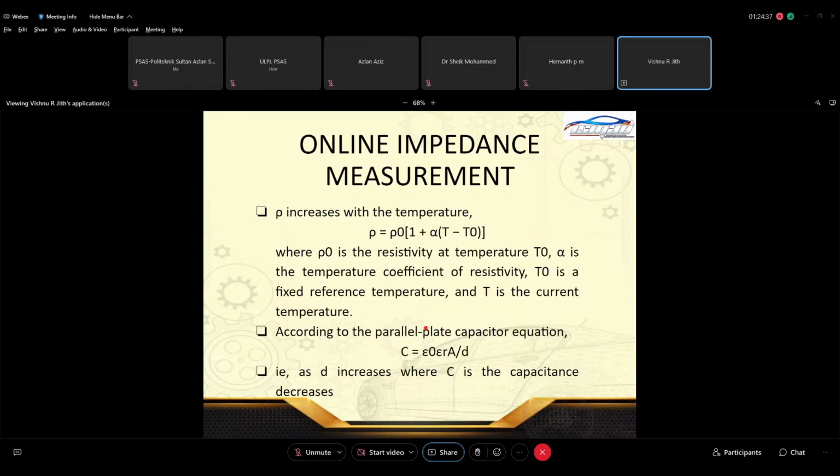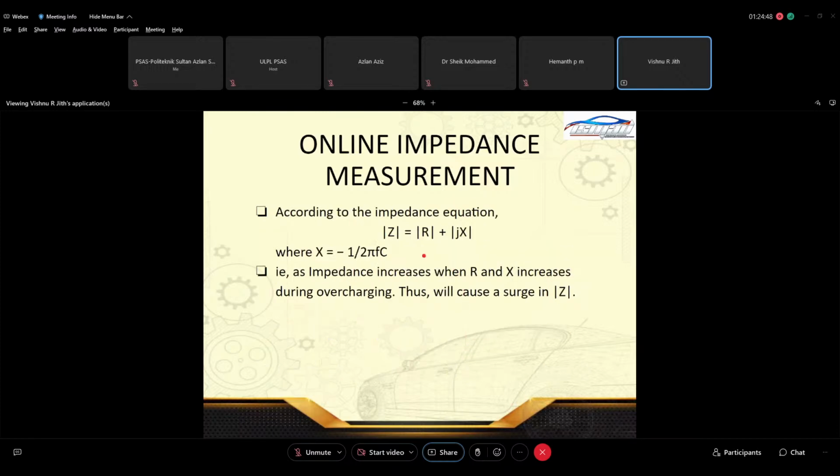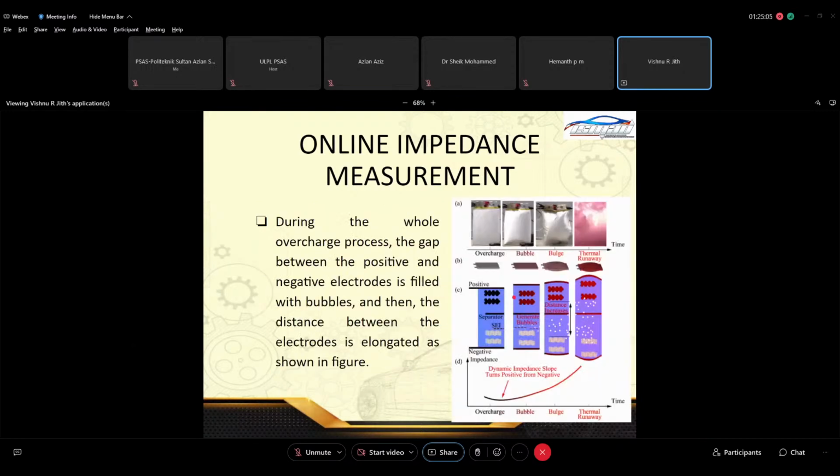And according to the parallel plate capacitor equation, the capacitance decreases as the distance between the electrodes increases. Eventually, as we know, the reactance increases. So collectively, our dynamic impedance increases, and this will cause a surge in the impedance, and that is what's shown in this figure.